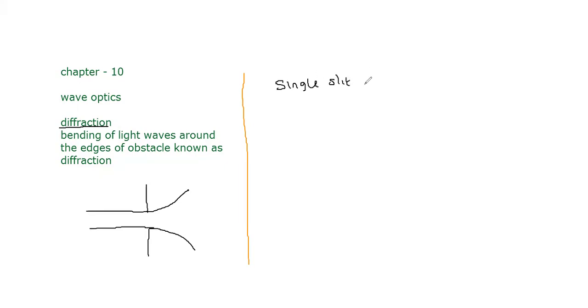Since it is a very big derivation, I am dividing it into 3 parts. The first part is path difference. Imagine it is a light source and imagine it is a convex lens. The source is placed exactly at the focus of the convex lens. Light rays come from the source.